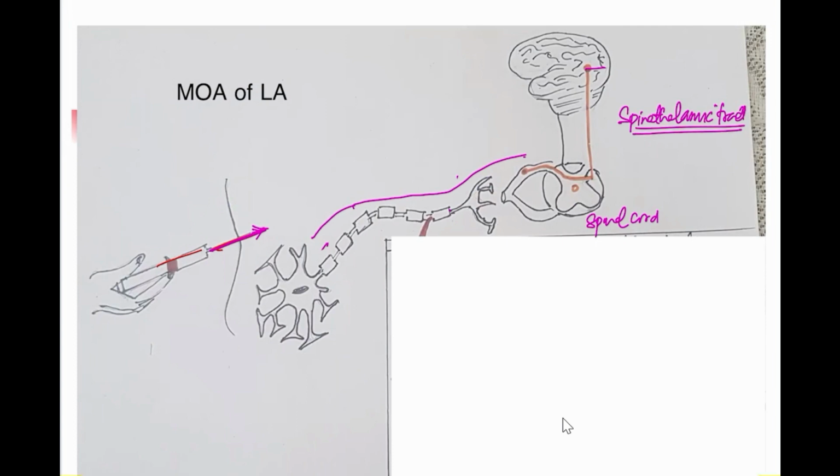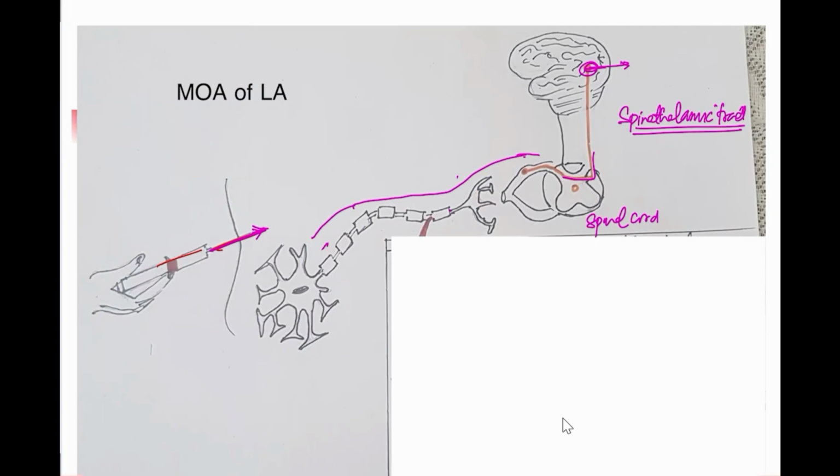This tract carries the pain sensation from the spinal cord to the thalamus. This is the sorting center which sorts out from where exactly the patient is feeling the pain.